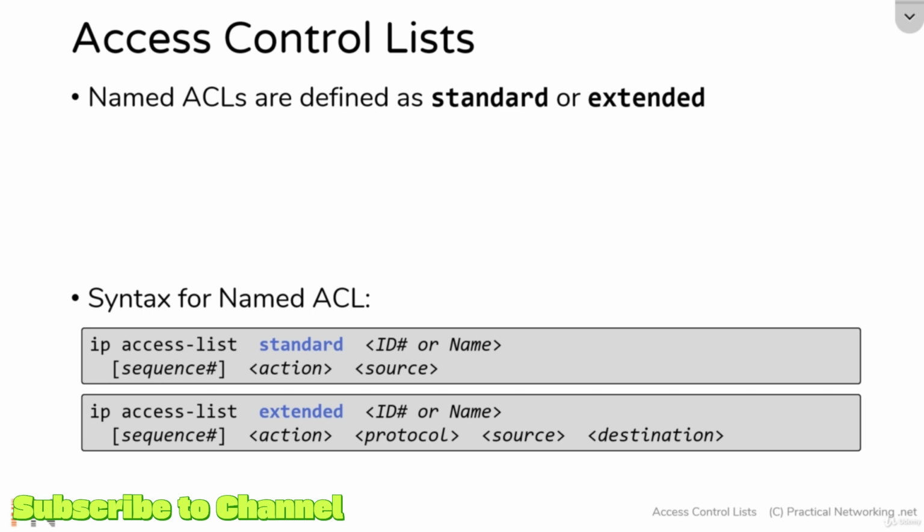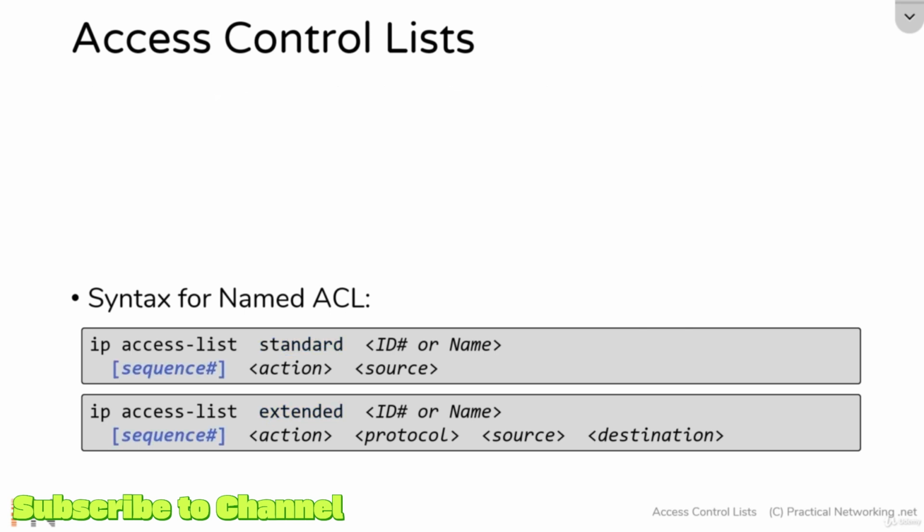But in a named access list, they're not reliant upon the number you choose as the ID number. Remember, in numbered access list, 1 through 99 is a standard access list and 100 through 199 is an extended access list. Well, that's not the case with named access list syntax. You simply define the ACL as either standard or extended directly in the command itself.